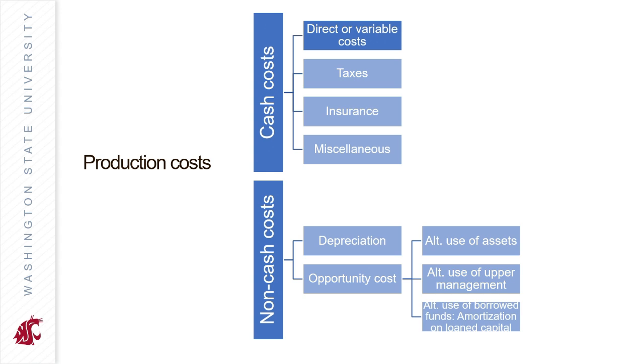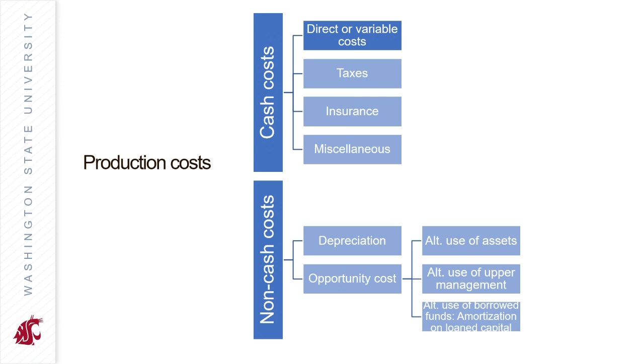And then the non-cash costs include two different sets or categories. One is the depreciation on your equipment, right? The tractor, the sprayer, and all those equipment that you have in the operation. And then this sometimes misunderstood concept of opportunity cost, that we economists like to include.